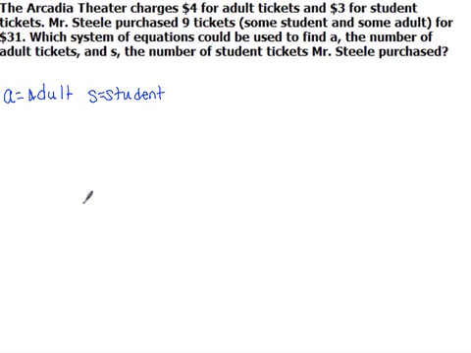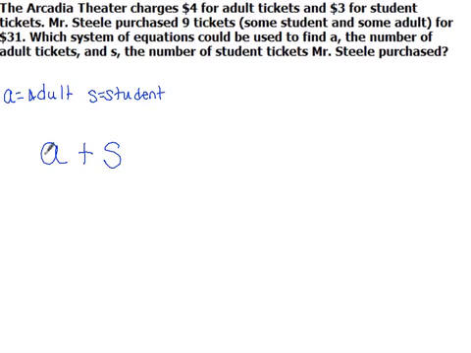Now, we get a little bit nervous with S because it looks like a 5, so just be real careful that you recognize your S's are not 5s and are variables. So we'll try to be real good about that. Okay, so we know if we have so many adult tickets plus so many student tickets, if we add all those tickets together, the problem should have told you how many tickets we actually bought.